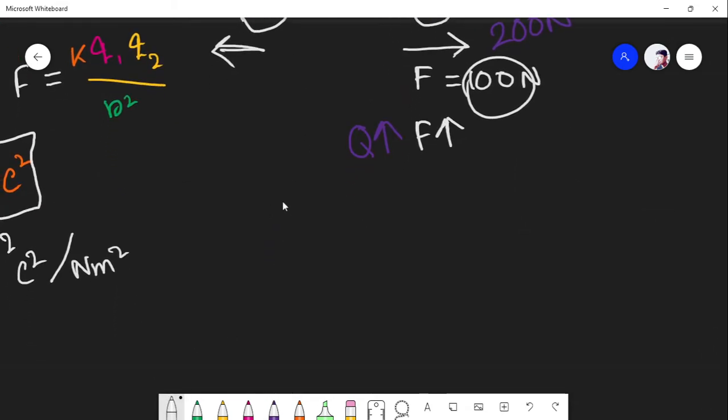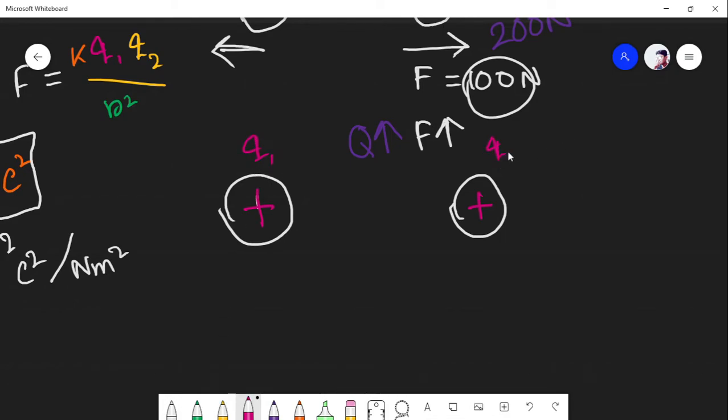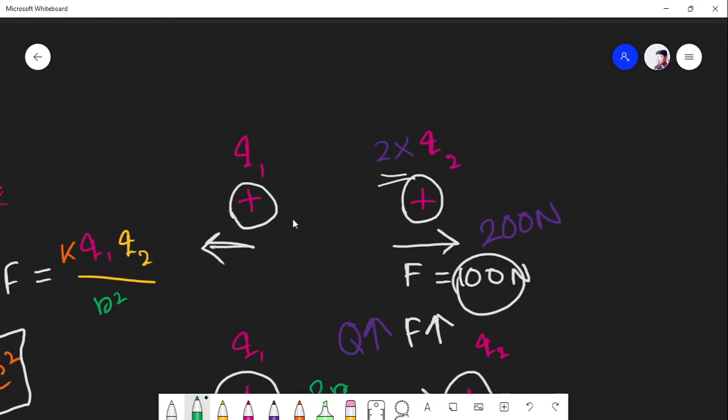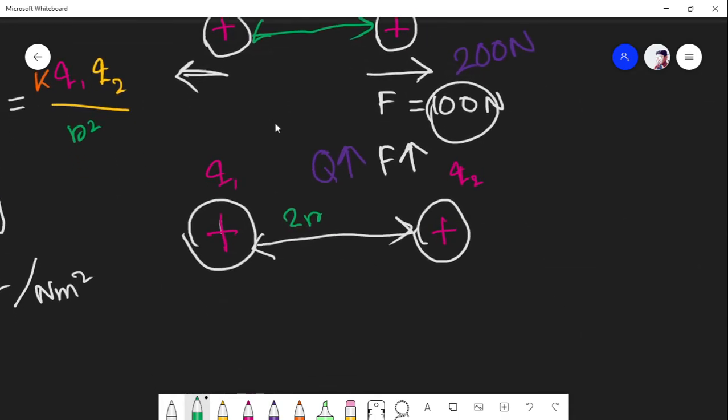And let's say again the charges are just like the previous one. These are both positively charged, and there is nothing changed in the charges q1 and q2, but this time the distance is doubled, 2r. In the previous case this was r, and we doubled the distance. So now what will happen to the electric force?